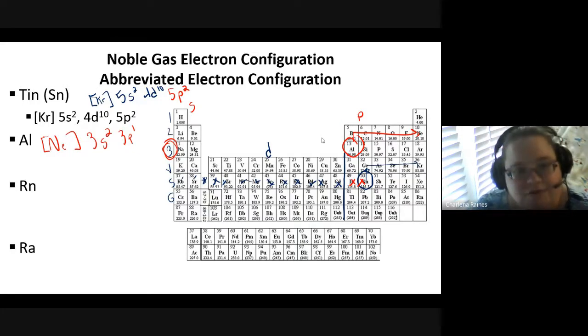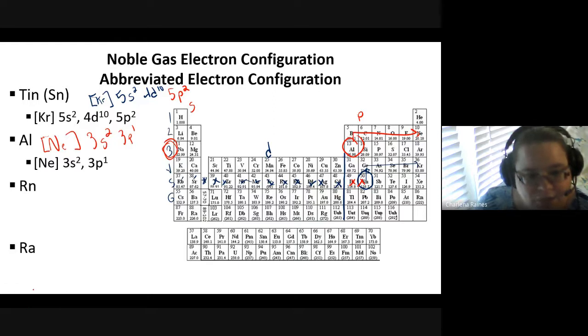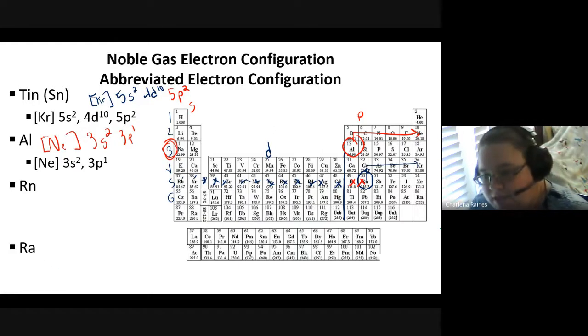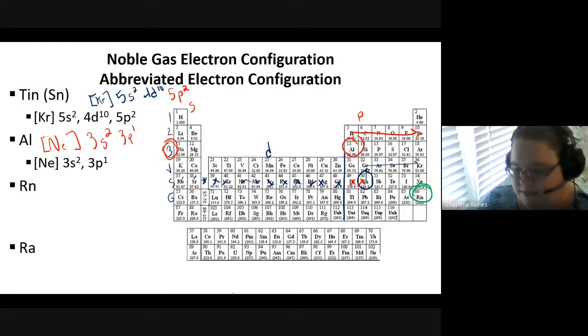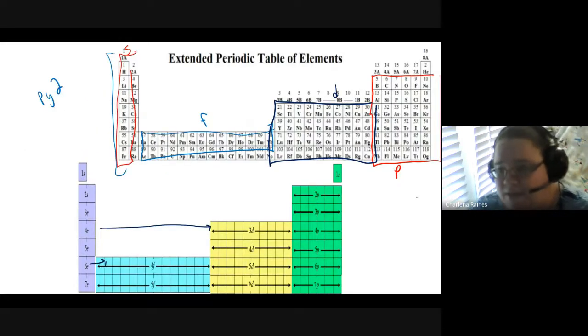So the last one I'm going to do is Rn. Rn is radon. It is a noble gas, but like we said a minute ago, you cannot abbreviate yourself. It is always the noble gas that comes before the element. And this is element number 86. So I might just want to look at the other periodic table.